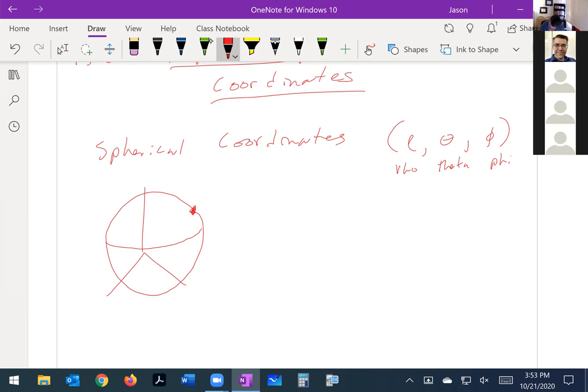Okay, and so there's a radius r, which is rho. Think of rho as the radius, maybe. If you want to think of it as r, you can. I'm going to think of it as P because that's the way the book does it.